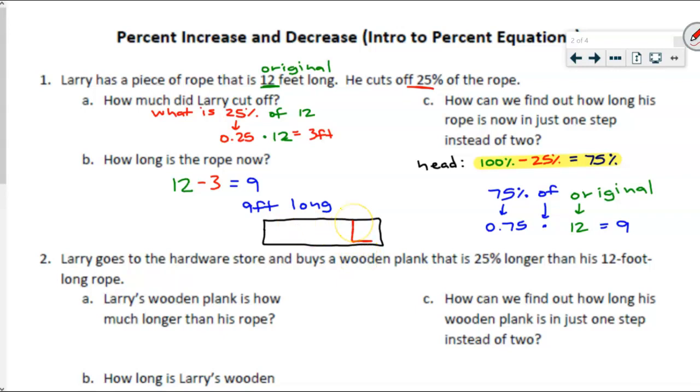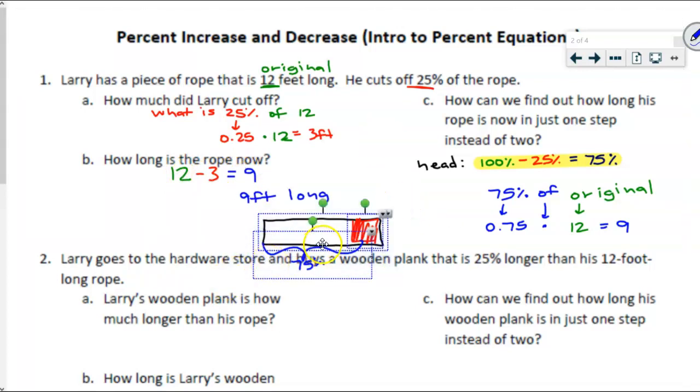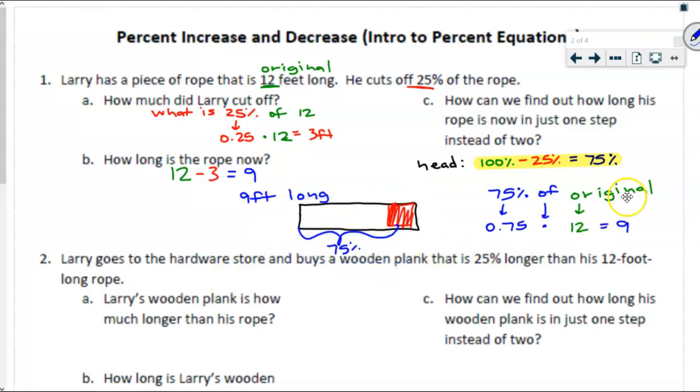We find 25% and we cut it off. That's how we see 100% minus that 25% is that 75%. So it's the same type of thing that we've done with our model. We're just starting to move away from the model so that we can do it just in our calculator.